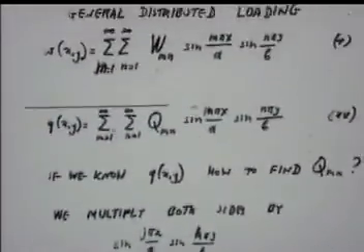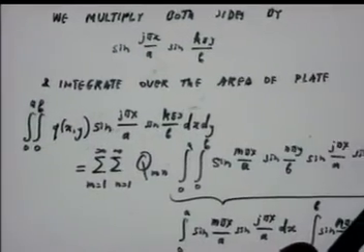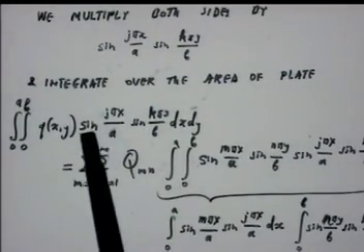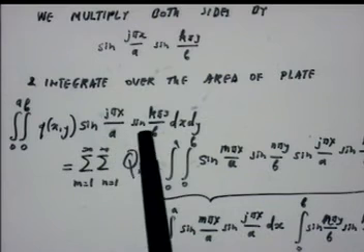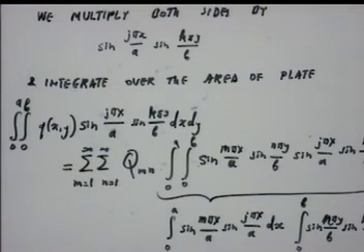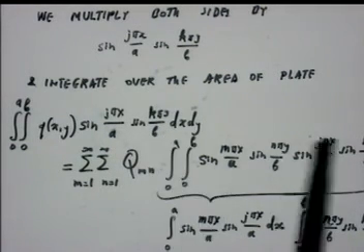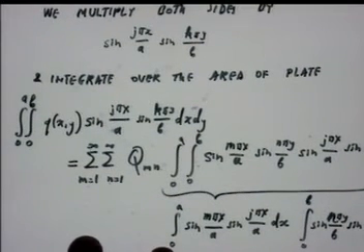Now I will multiply in double star by sine j pi x over a, sine k pi y over b, and then integrate dx dy. That is what I'm going to do. Now remember that j and k are specified. It depends on your decision.